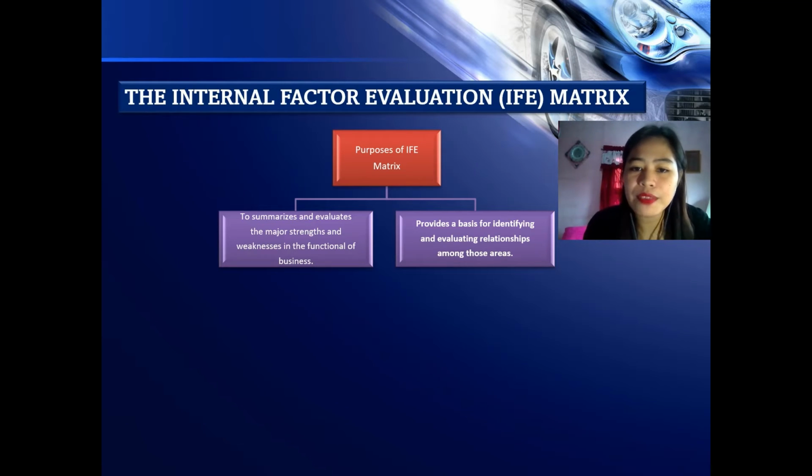Its purpose is, first, to summarize and evaluate the major strengths and weaknesses in the functional areas of business. Second, to provide a basis for identifying and evaluating relationships among these areas, the strengths and the weaknesses.